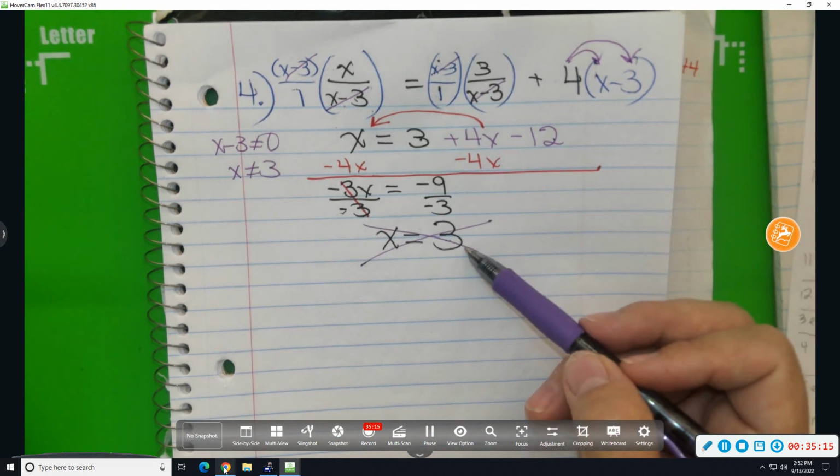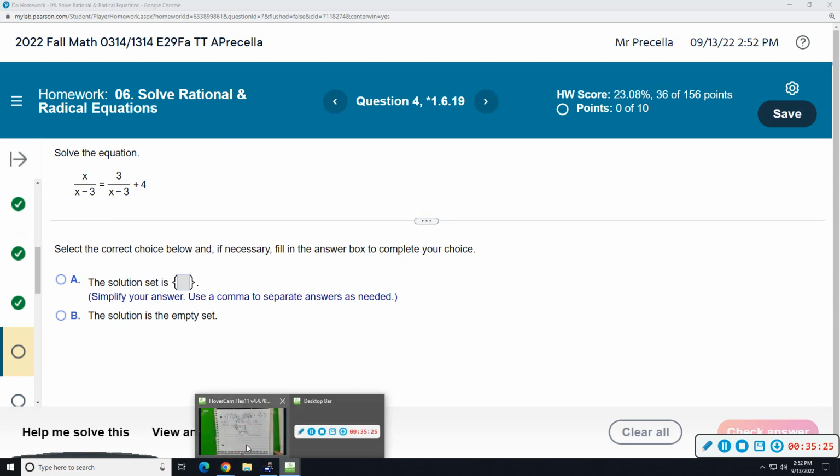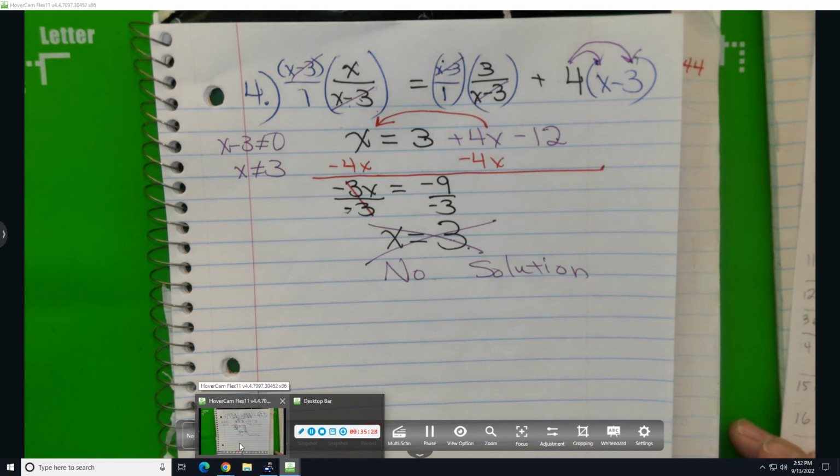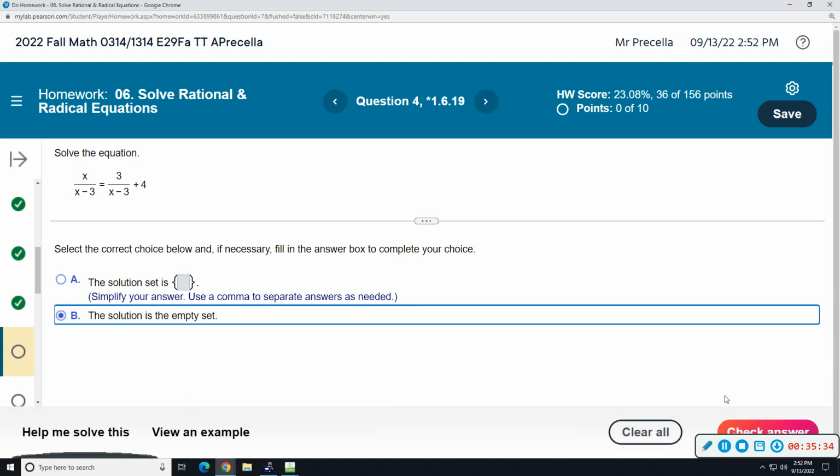Well, 3 is the only number that could have possibly been a solution. So what am I going to choose here? This equation has no solution, but they don't have the no solution option. They say the solution is the empty set. So I'll write that down, empty set.